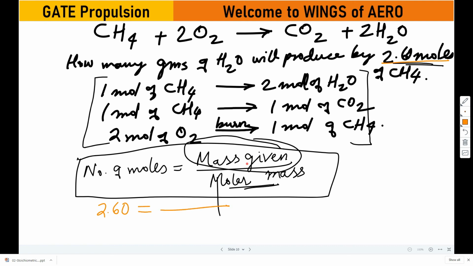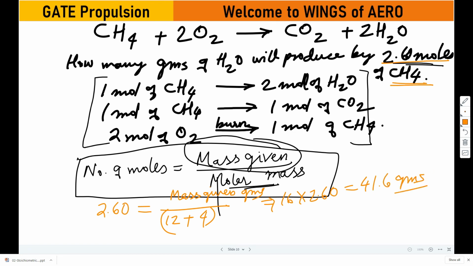The molar mass is 12 plus 4, 16. Then you can find the expected mass in grams: 16 into 2.60 will give you the mass of CH4. Did you get it? 41.6.